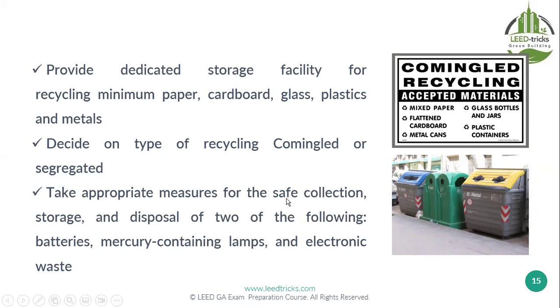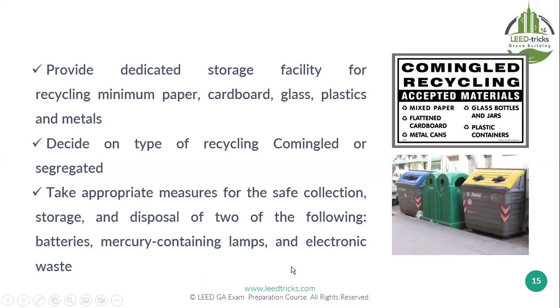Take appropriate measures for the safe collection, storage, and disposal of two of the following: batteries, mercury, and electronic waste. This we call hazardous waste, that is, toxic waste. Sometimes I told you this is hazardous waste or electronic waste, and he told me no, it's hazardous waste. It's not different, it is the same.